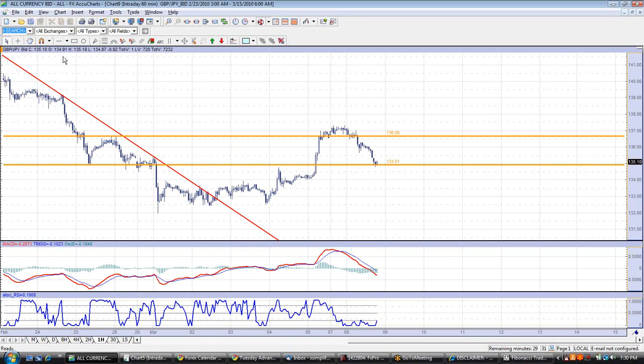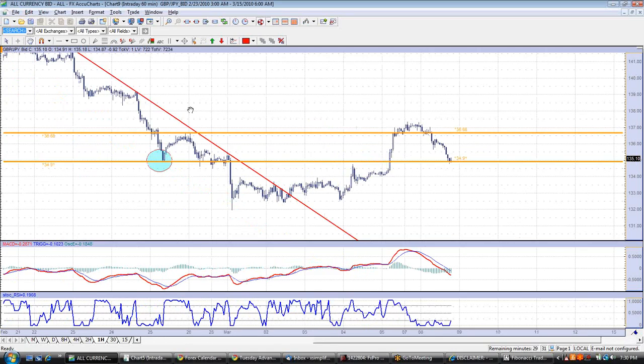Pound yen is forming a small, kind of wide, but it still looks like a bullish head and shoulders.